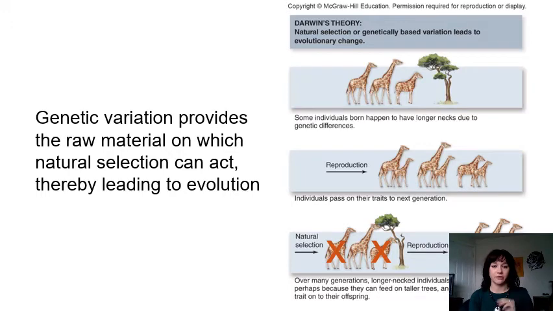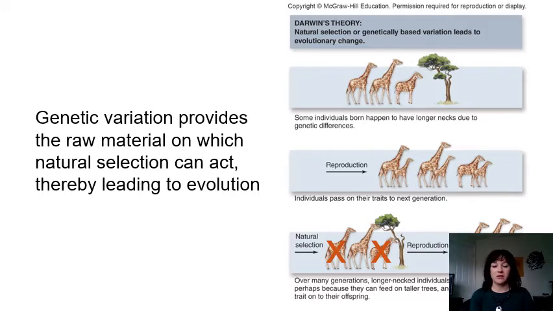So that was our third condition for natural selection. Our second condition was what? It was that some of those traits are beneficial or harmful to the survival of that individual.